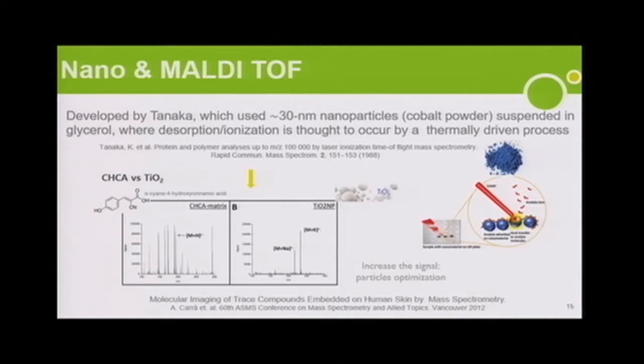They are not organic compounds. They will not mask the fragmentation of the drug that you are analyzing. So they obtained really good results, because if you compare these two spectra here, this one is made with one of the most used matrices, CHCA, and this is obtained in the presence of titanium oxide as matrix. You can see absolutely that this spectrum here is cleaner than this one that we obtain with the organic matrix.